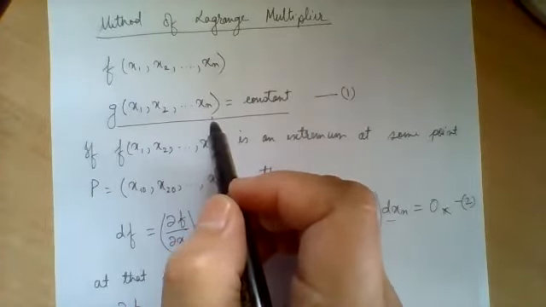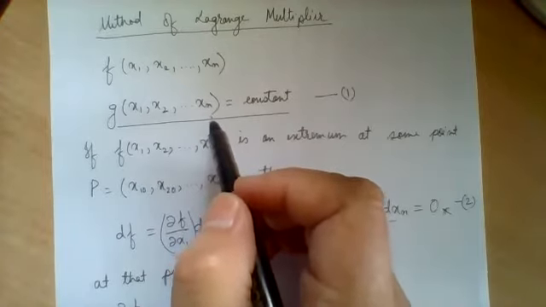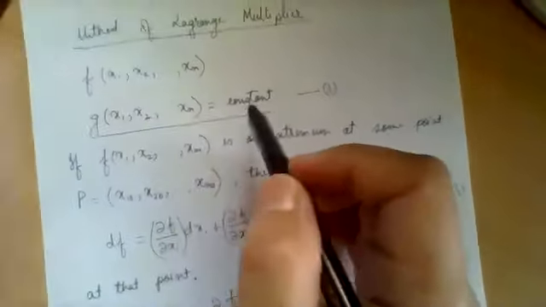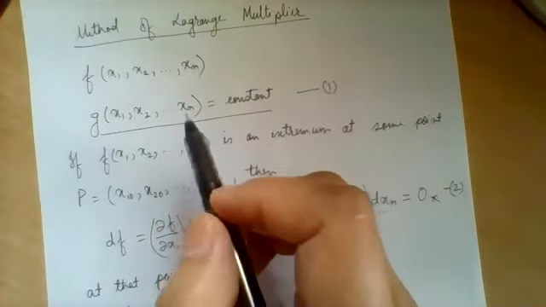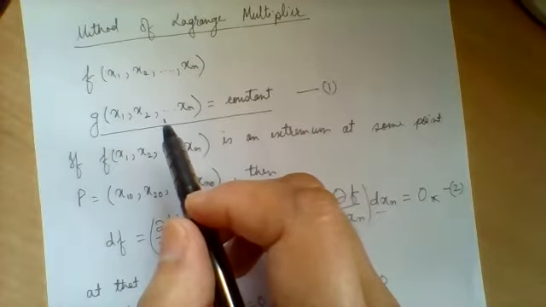There will be n minus 1 independent variables and one dependent variable.